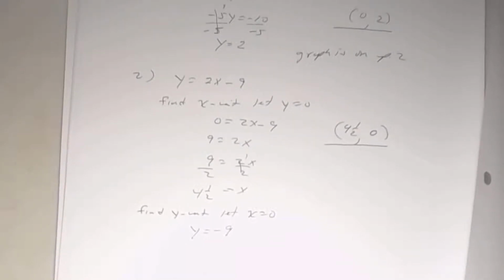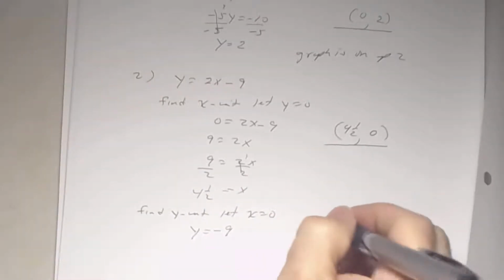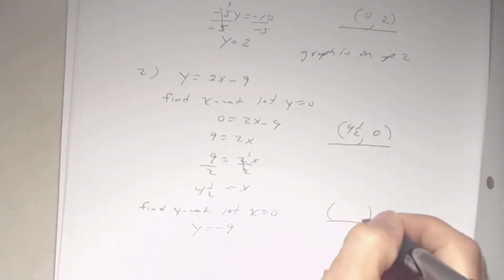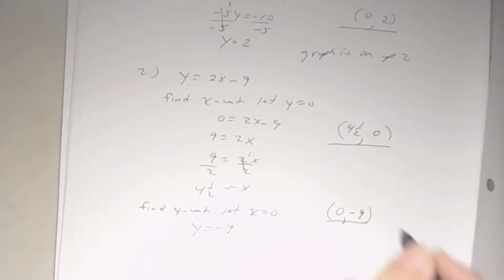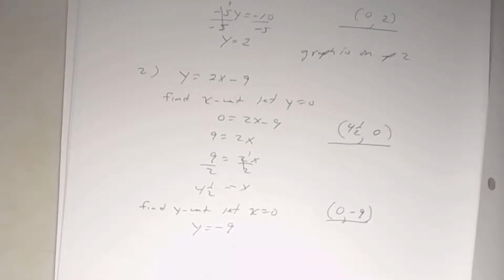So you're done. As an ordered pair, though, and it will ask you to write this as an ordered pair, so what would you put in the blank? In parentheses, right? Okay, so 0, negative 9. All right, so don't just put 0, comma, negative 9. You got to put parentheses there to represent a point.